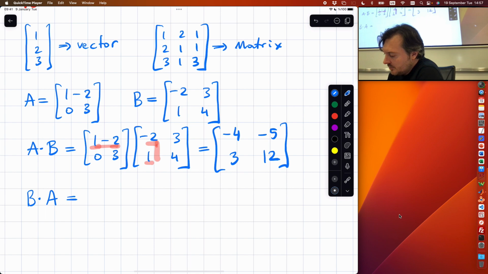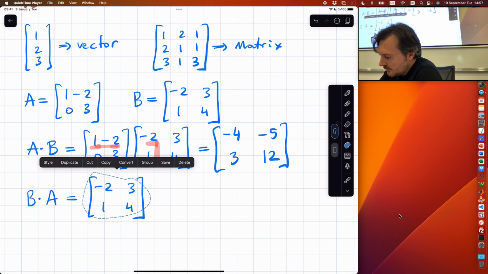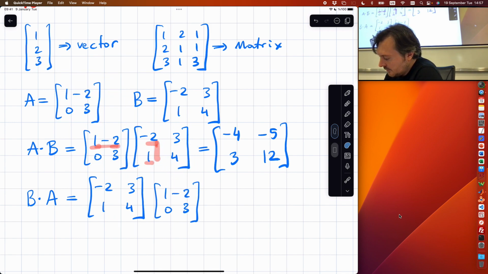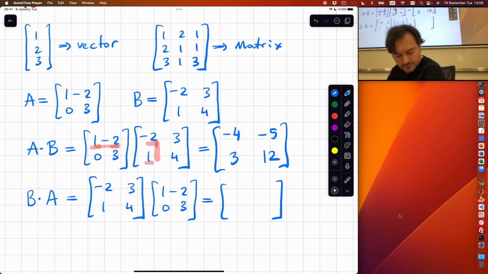Now let's calculate B times A. Okay. Then for this one, I take this one first, and that one second. Surprise, surprise, doesn't give the same answer, right? Turns out to be negative 12, negative 2, sorry, 13, 1, and 10.